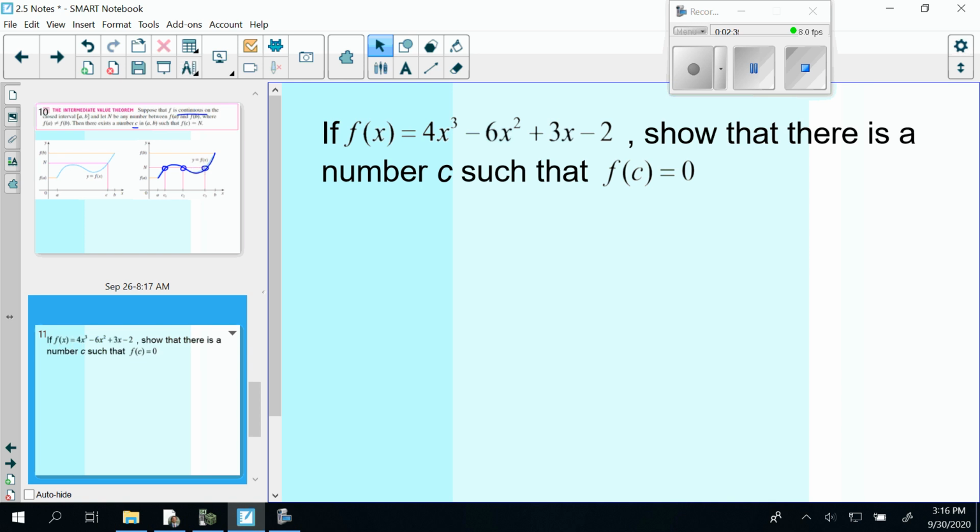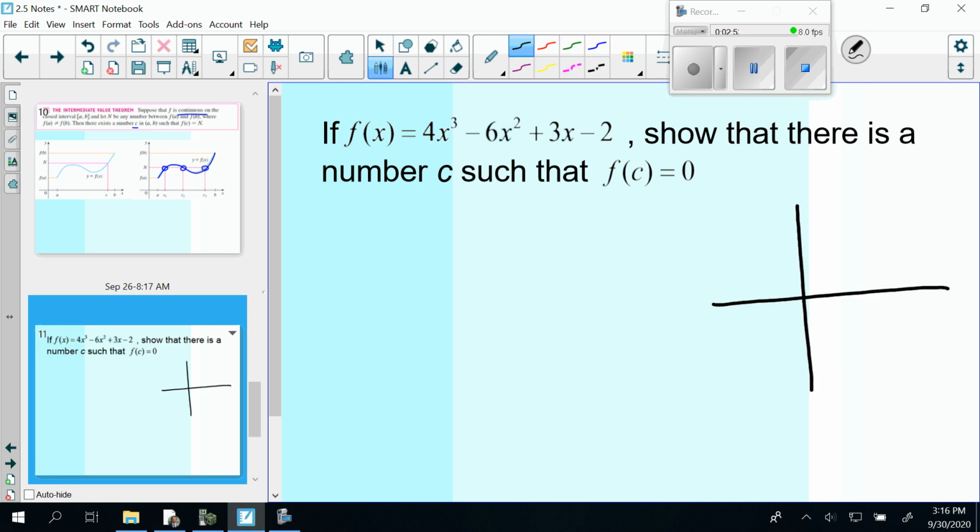It says let f of x be this function. Show that there is a number c such that f of c equals 0. So this is f of c, remember that's our y value. If we're looking at the graph of this, they're saying this graph at some point crosses through our x-axis because that's where y equals 0. So this graph has to cross through at least once.